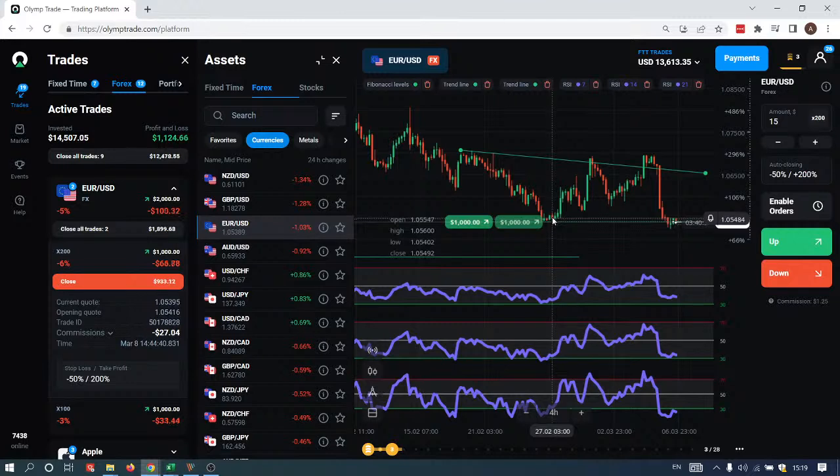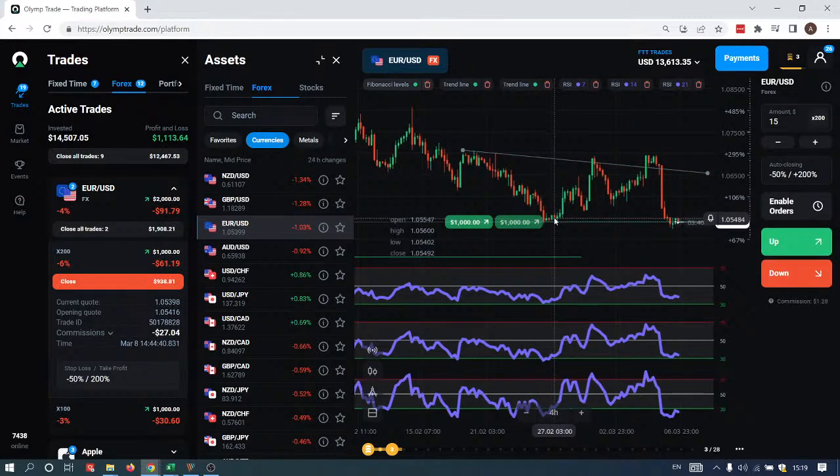I figured out that here we have a pretty dense area where the price sort of stopped for a time being, and then the price bounced upwards from here. So this indicates an area of support, a support level here, and the price should bounce upwards.